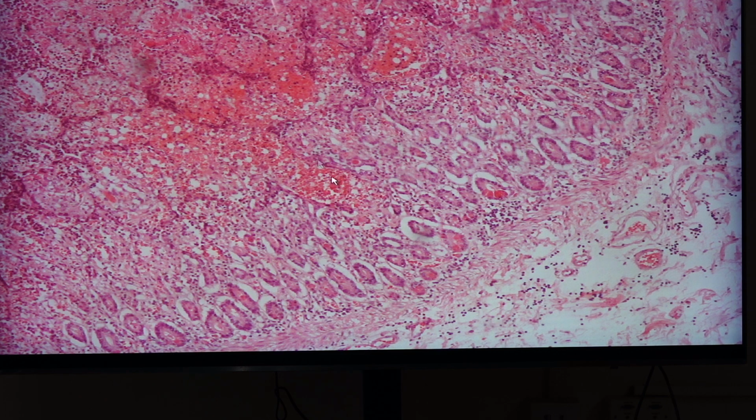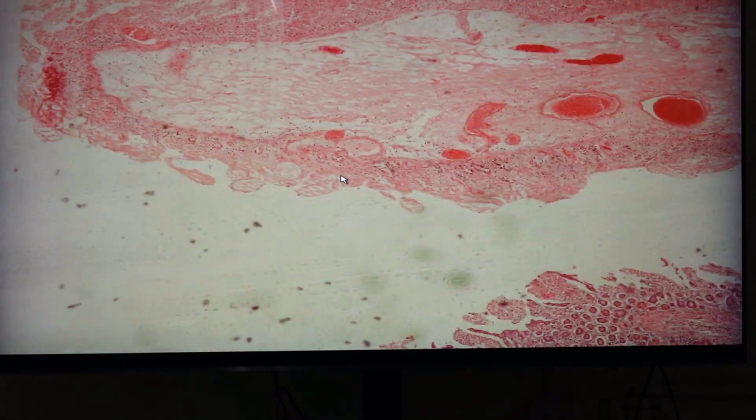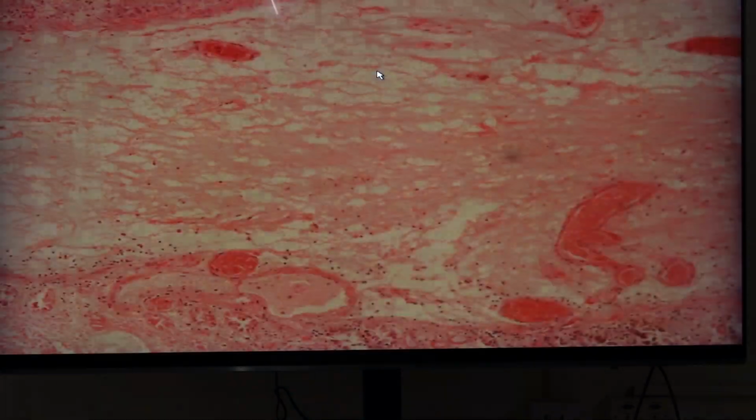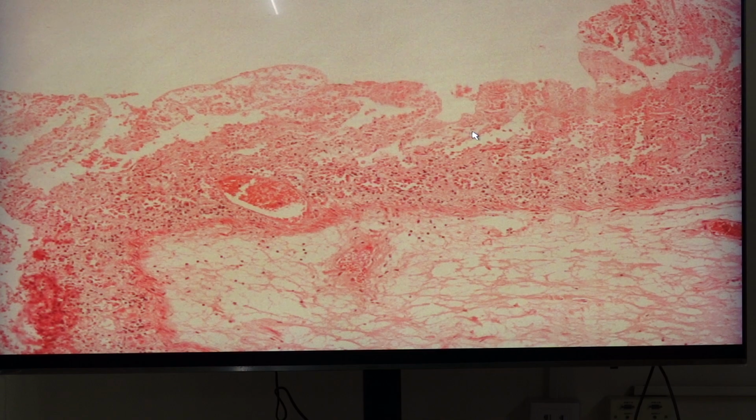So the infarction would be limited to the mucosal portion. Okay. In some areas, like this one. Okay, so this is a particular area that would show the ghost outlines of the mucosa, but there's not so much identifiable viable cells.